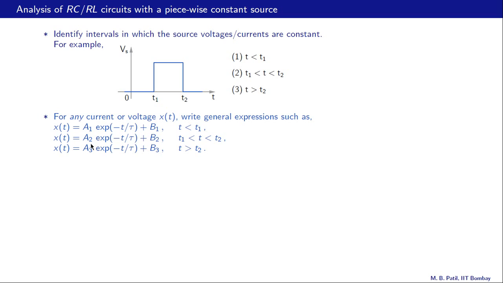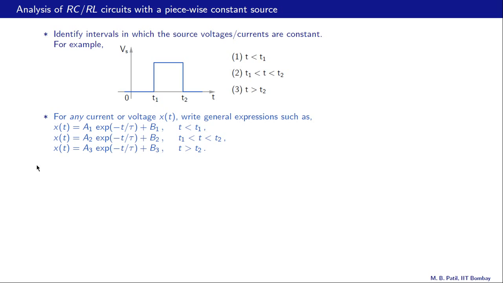Now the time constant is given by R times C for an RC circuit, where R is the Thevenin resistance seen by the capacitor. For an RL circuit, tau is given by L divided by R, where R is the Thevenin resistance seen by the inductor. We have already seen these formulas earlier.